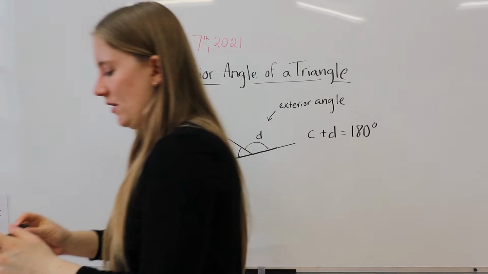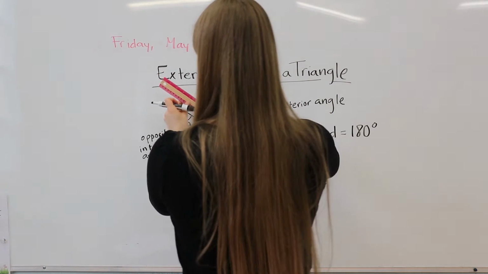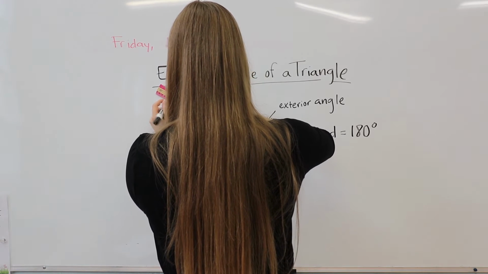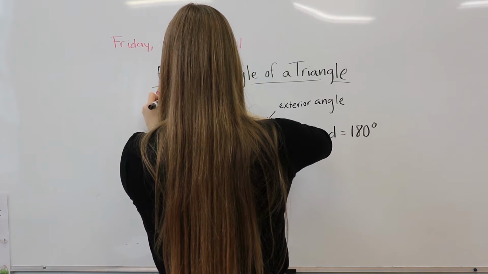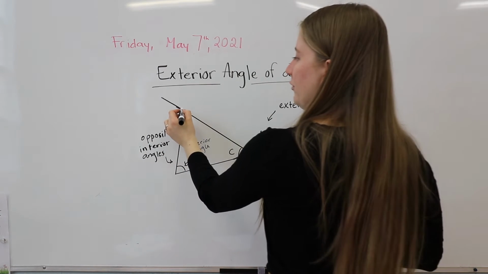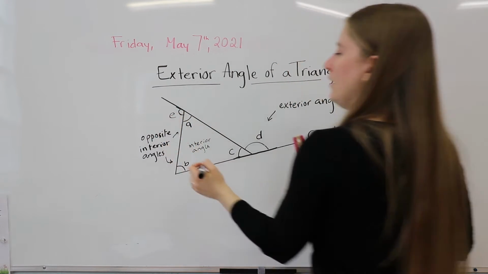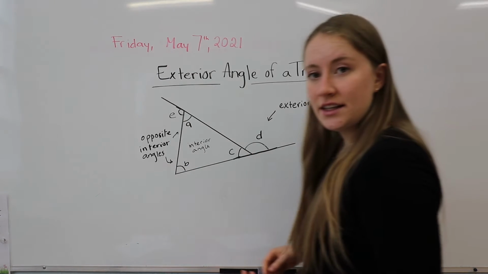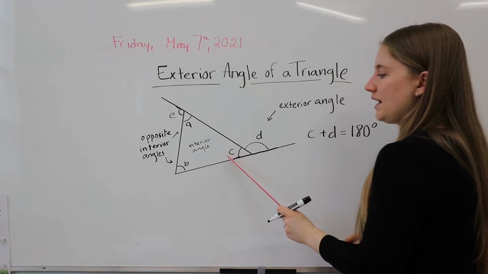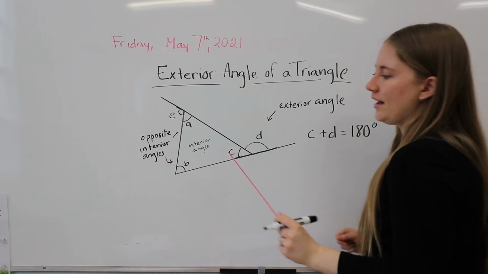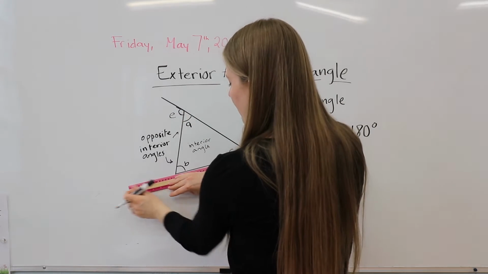So for example, if we extended our triangle this way, and we were forming this exterior angle, we'll call it E, then the opposite interior angles would be B and C because they hang out across from that exterior angle, okay?